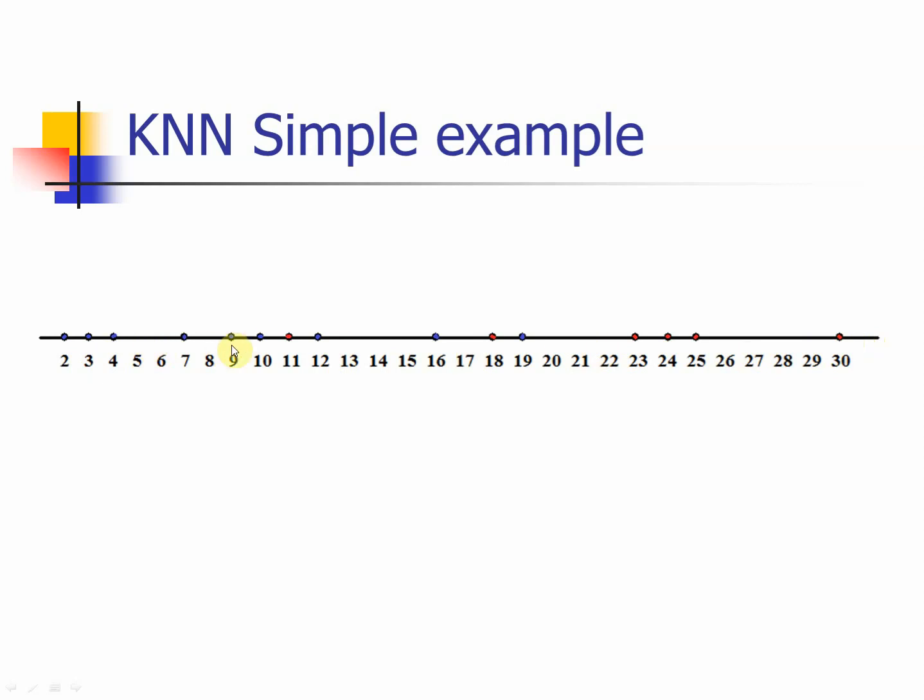This is our training data set. For example, this one-dimensional value is age, and the dots indicate whether or not this person has a cell phone. In this case, the ages 18, 23, 24, 25, and 30 are cases that have a cell phone.